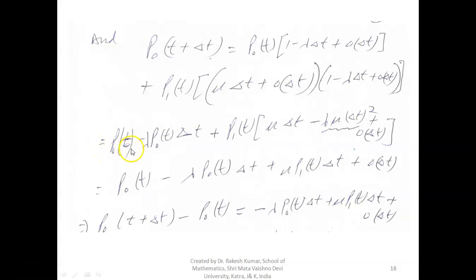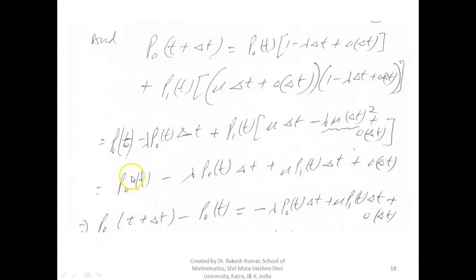Therefore this is equal to p0(t), just multiplying inside, p0(t) minus lambda p0 delta t plus p1 times this, multiplying inside, I get a higher order term in delta t. In the next step, p0(t) minus lambda p0(t) delta t plus mu p1(t) delta t plus O(delta t).